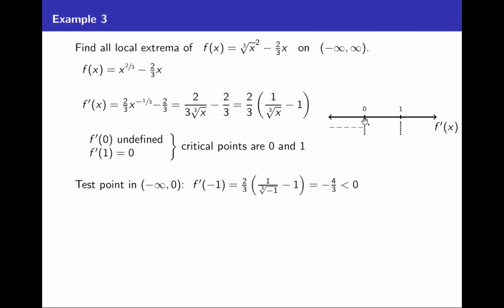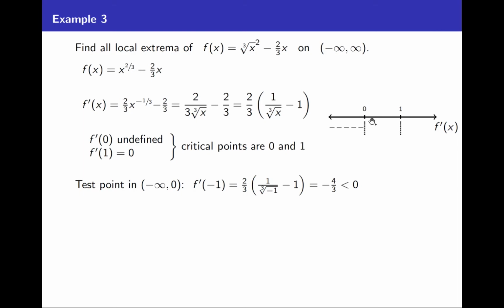Let's move to the second interval, from 0 to 1. We'd want to pick a test point in this second interval and plug it into the derivative and see whether we get positive or negative. But we want to pick a value of x in this interval where it's easy to take its cube root, because that's what we've got to do. Now, a number from 0 to 1, not including those endpoints, somewhere in the interior of this interval, that's easy to plug into the derivative, easy to take the cube root.